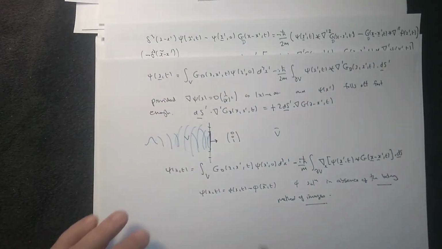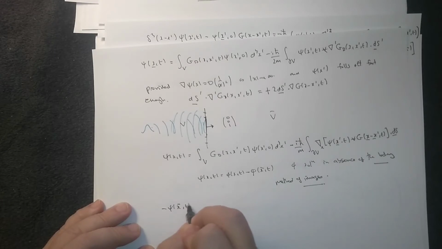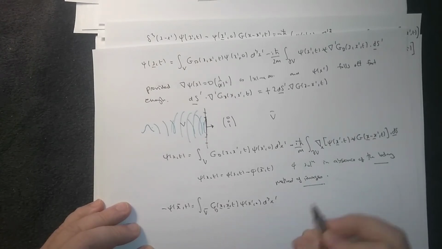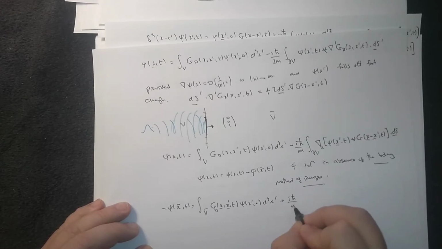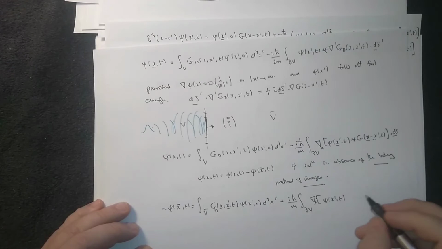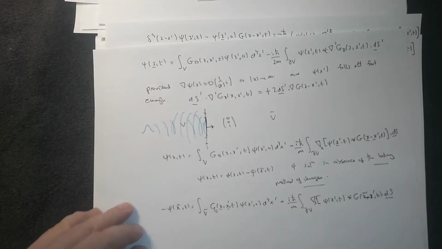And therefore we end up with minus psi x tilde of t is the integral over V bar, Dirichlet-Green's function, psi of x prime 0 d3 x prime, plus i h bar over m, integral over the boundary grad, that's with respect to x, of psi of x prime t convolution with g of x minus x tilde, that's primed, dot ds.